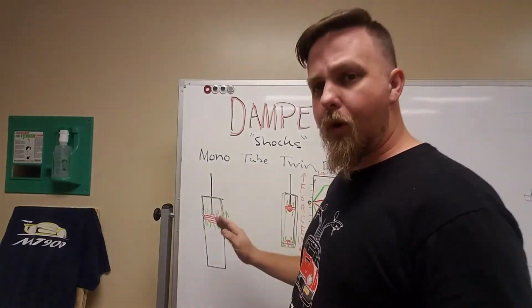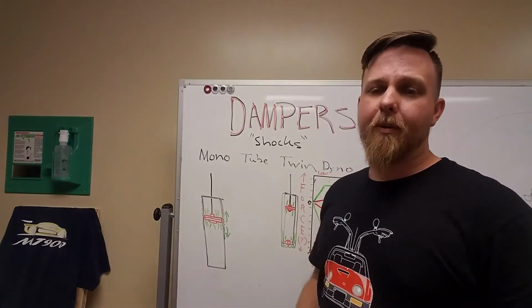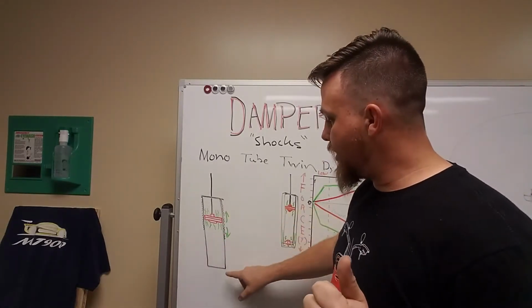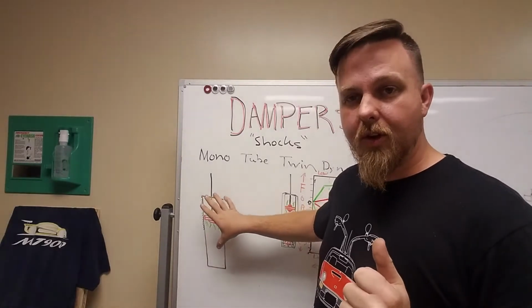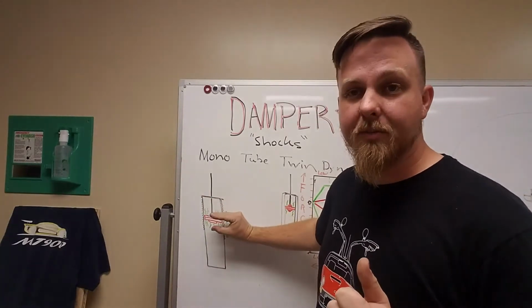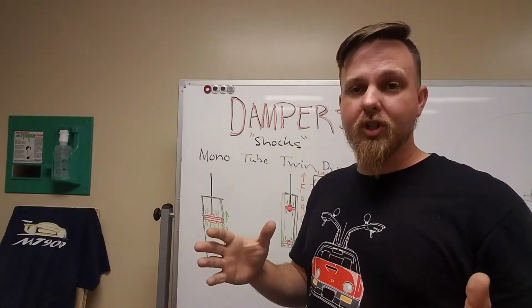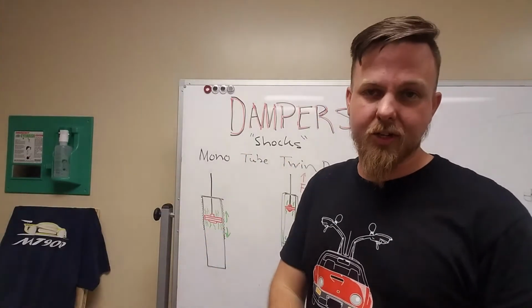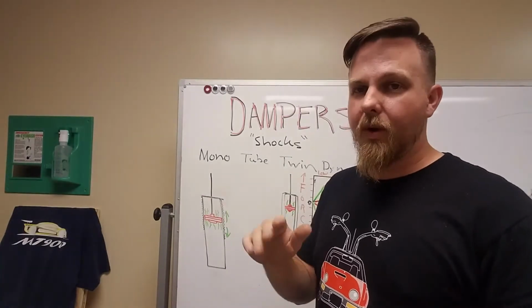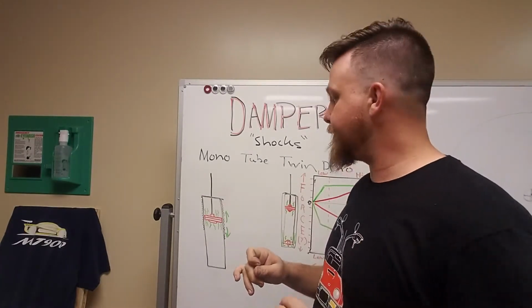So, pros for a monotube damper. Since there is only one tube, you're usually getting a very large piston because the overall diameter of that tube can be bigger. With a larger piston, you can have finer granular control over the damper going up and down. That's all to do with the valving.